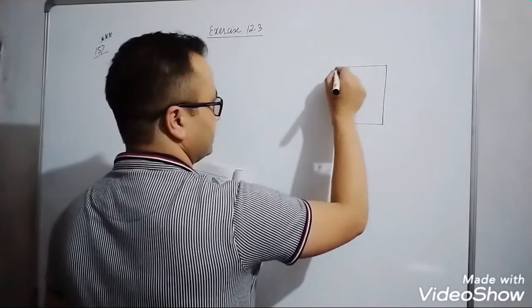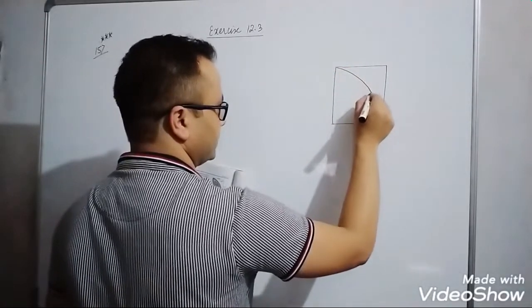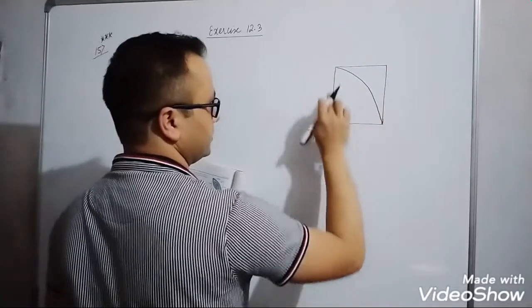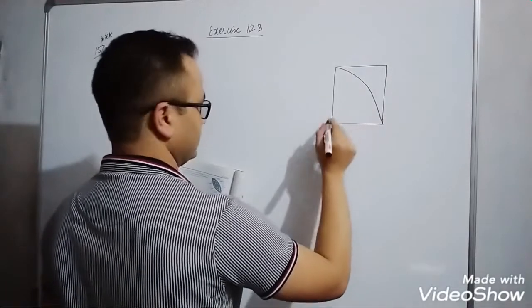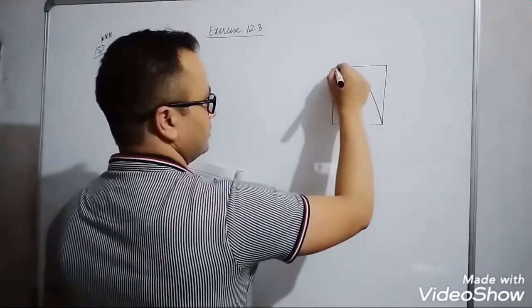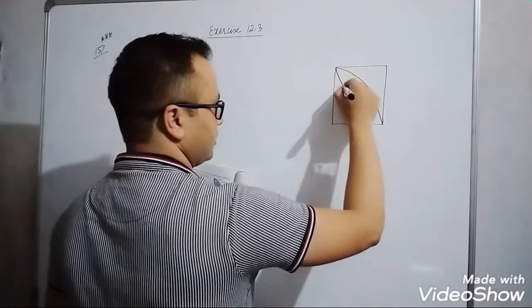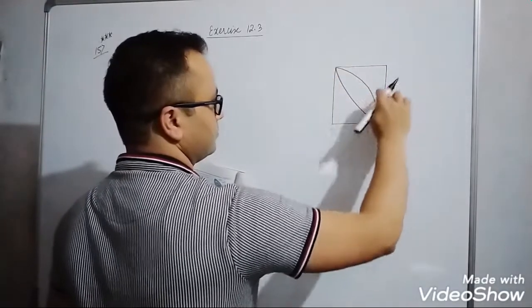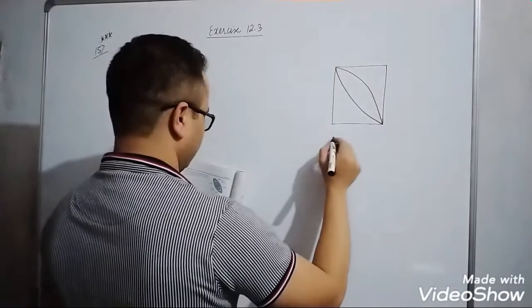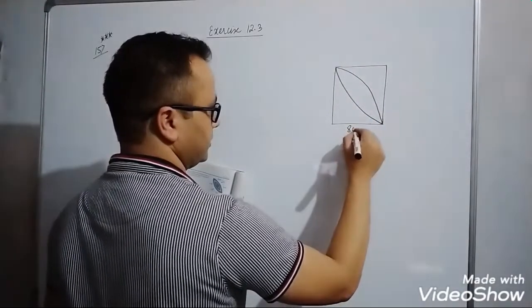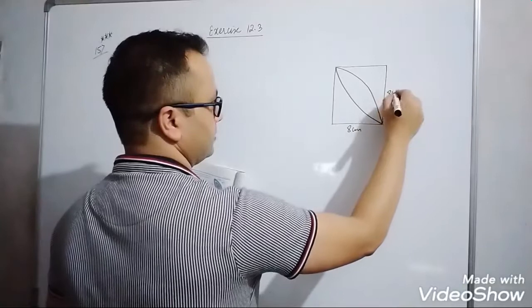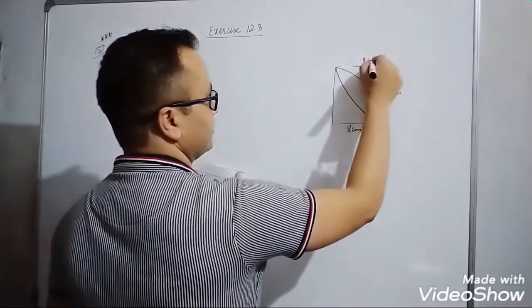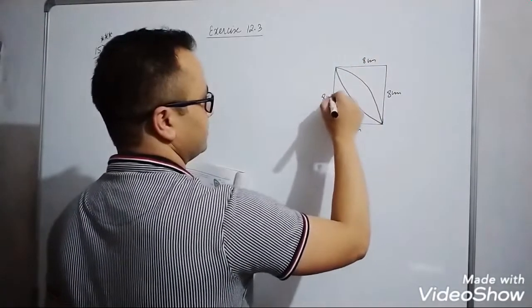Now one quadrant, this is one quadrant. Now this is another quadrant. So it has a radius 8 centimeter. Here also 8 centimeter.